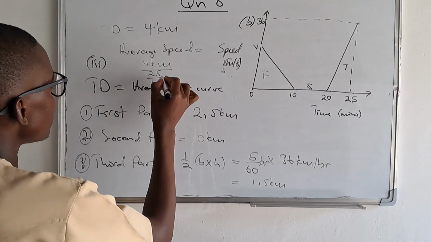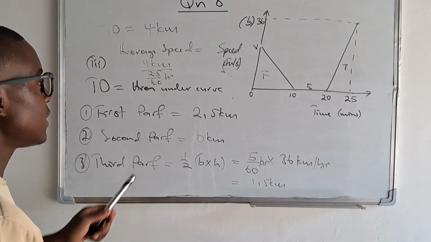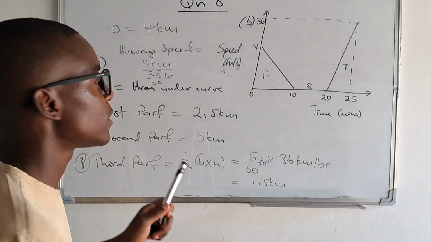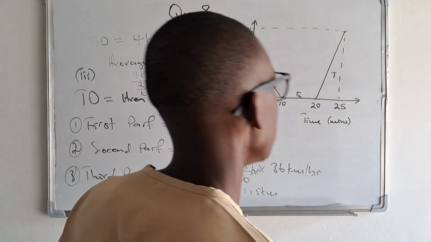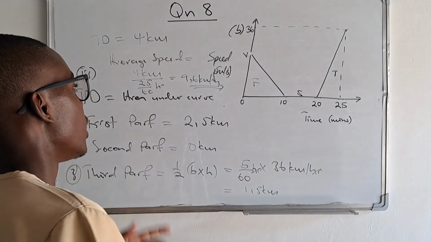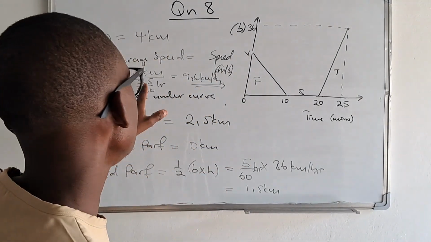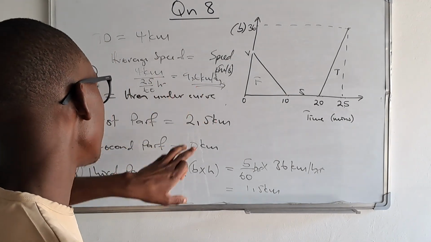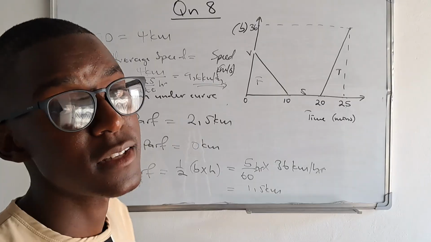Why 25 over 60? We need to convert 25 minutes to hours because we are given minutes, and our average speed must be in kilometers per hour. Converting, we get 4 kilometers over 25 over 60, which gives 9.6 kilometers per hour.